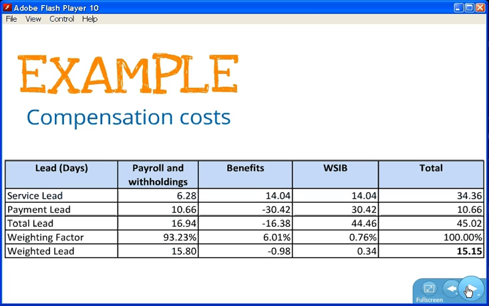In this first example, we look at compensation costs at Hydro Ottawa. Labor or compensation costs are like electric service. It's provided on a continuous basis. So we also need to use the midpoint method to calculate the actual lead for compensation.